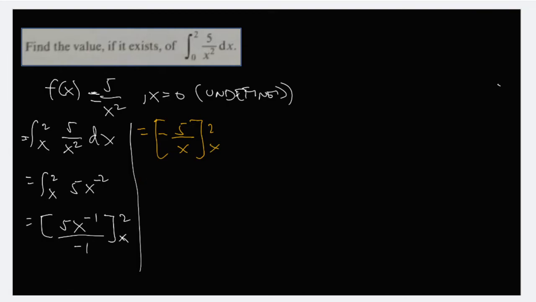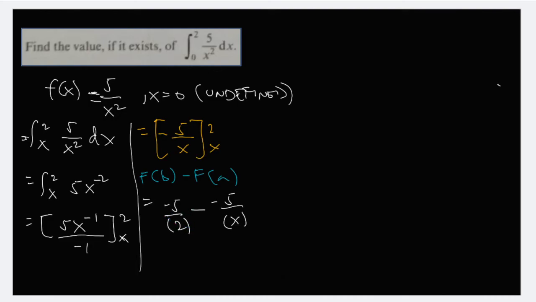Apply f of b minus f of a. So this will yield negative 5 all over 2 minus negative 5 all over x. So those are the two limits that we had.